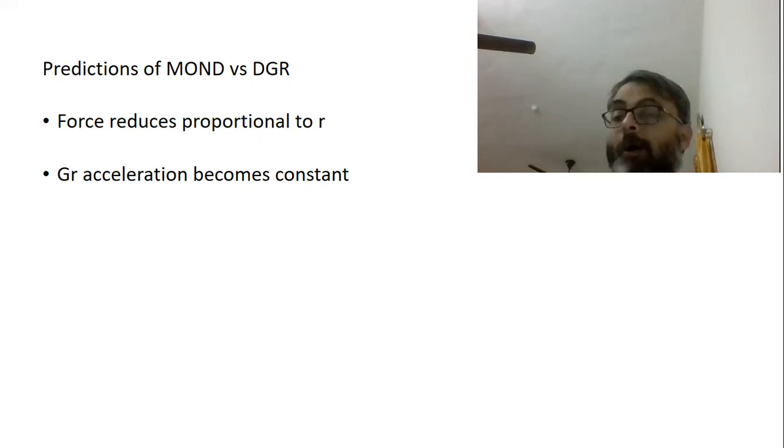Because there is no horizontal volume contraction, the gravitational time dilation is below Planck length, below Planck times over here. And here the acceleration, instead of reducing, becomes constant. So even after 1 light year, 2 light years, 3 light years, the same gravitational acceleration will be there.